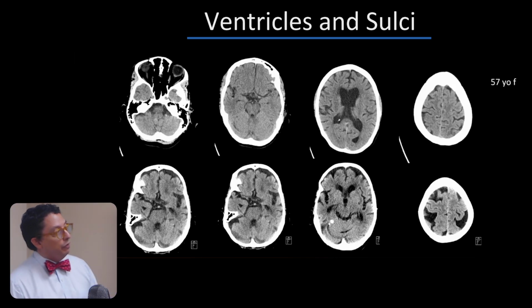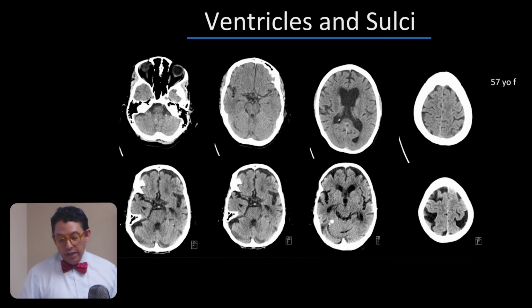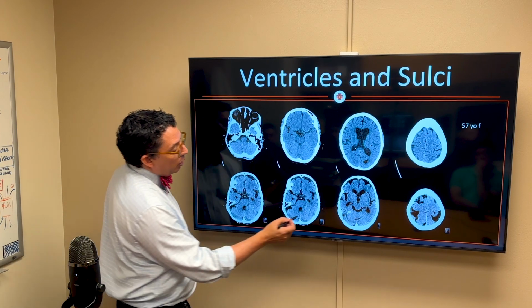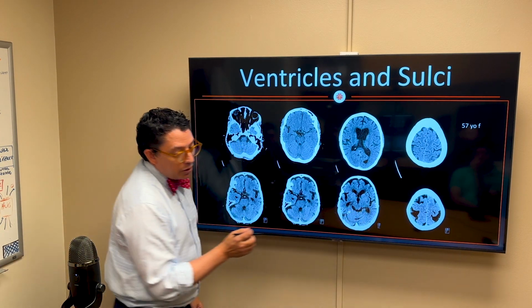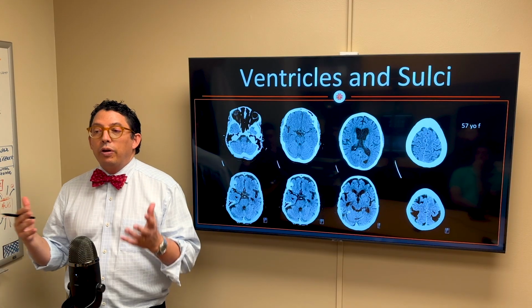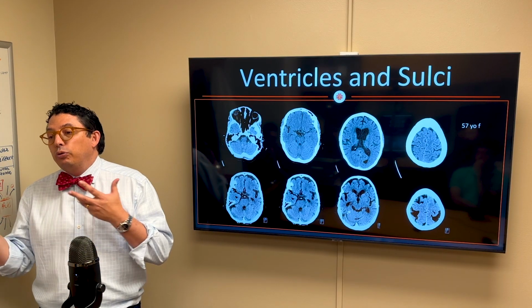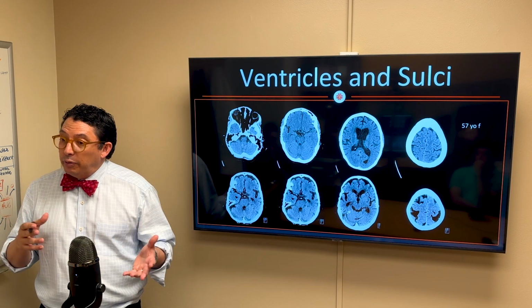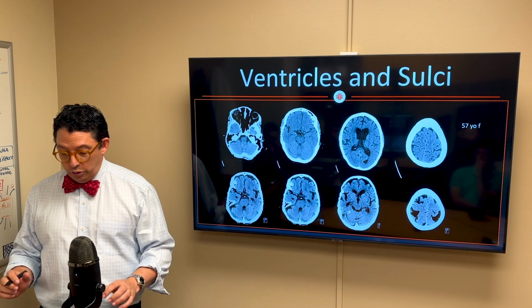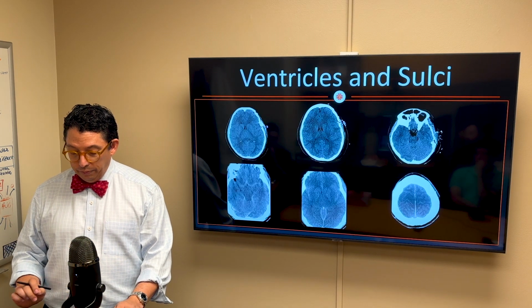Here we have a 57-year-old patient, and you can see the size of their ventricles. You can see also how prominent the sulci are. Is this normal or is this abnormal? You have to know the age of the patient and what normal or abnormal looks like to be able to make that call.